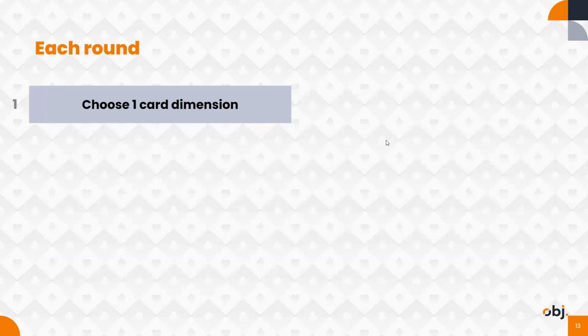Awesome. And each round, just to explain how we work in the game. In each round, we choose one card dimension. In fact, at least in the first session when you run the game, we have one person as a facilitator to conduct and lead the game.